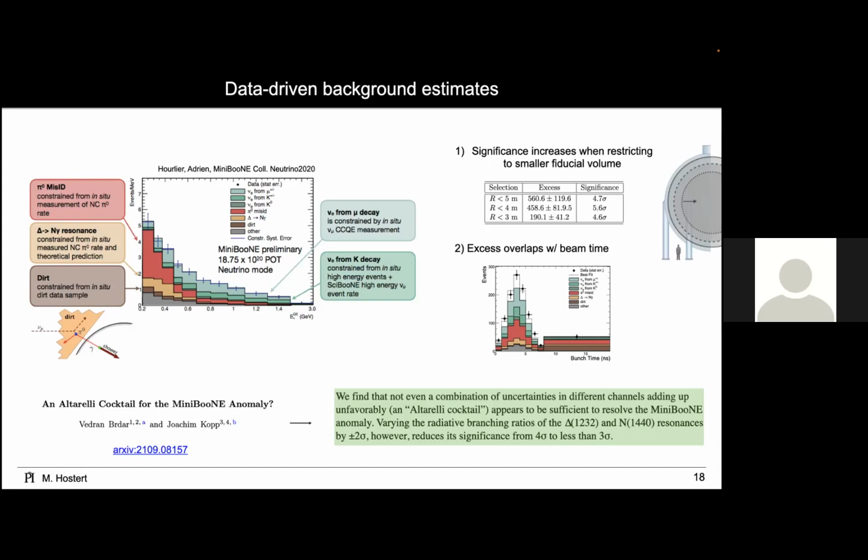So that's called the Altarelli cocktail. And the conclusion of the paper is that the most uncertain quantity in this problem is the branching ratio of the delta into a single photon. And that even by varying several different backgrounds, as well as this radiative branching ratio, you can reduce the significance of the excess, not surprisingly, but not fully do away with it.